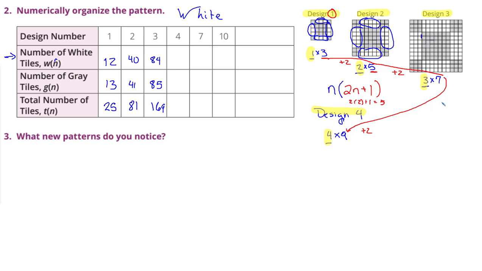Let's check it over here. 2 times 3 plus 1, that equals the 7. And so that works consistently. Well, that's what gives me one of those spots. I need to have all 4 of them totaled together. So that means I need to have 4 of those, n times 2n plus 1.